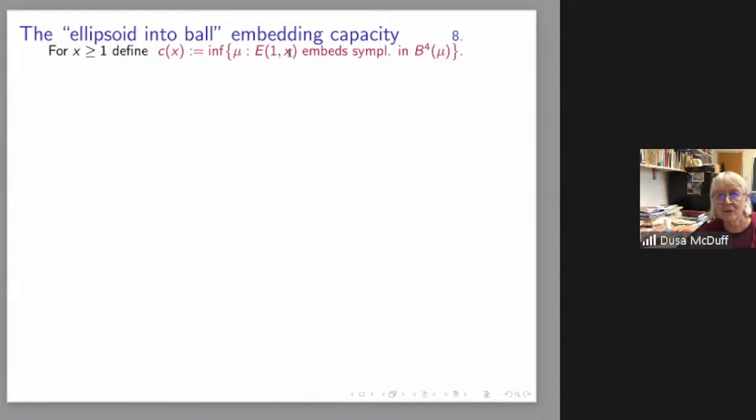So x, we're assuming, is bigger than 1, so that's sort of the eccentricity, if you like, of this ellipsoid. We standardize the ellipsoid, so it's got one axis of size 1 and then one axis of size x, and then we inflate the ball by saying it's got capacity mu, and take the smallest capacity into which you can embed the ellipsoid. So that's a perfectly well-defined function.